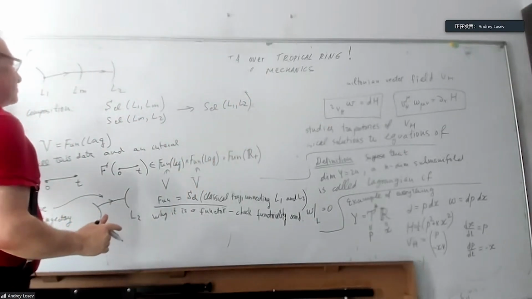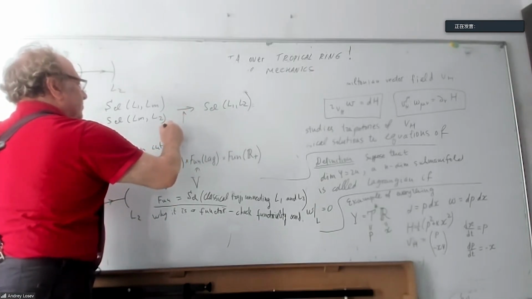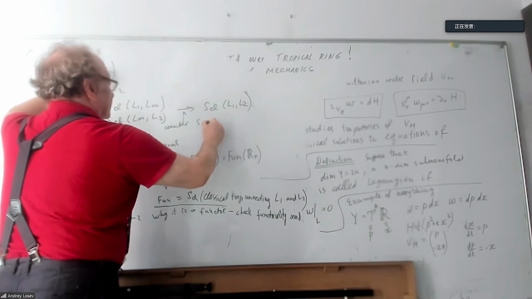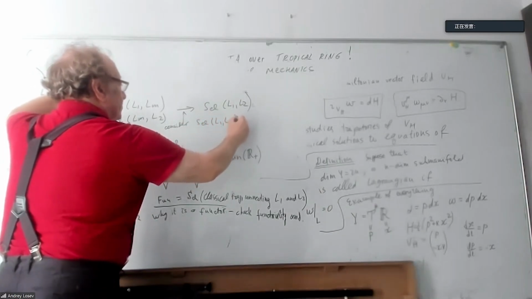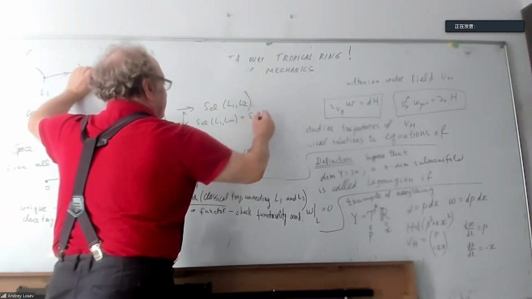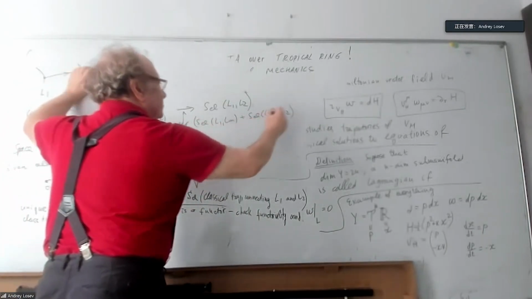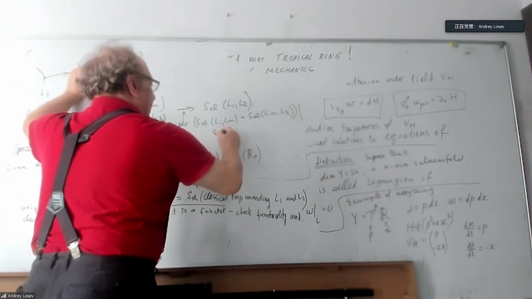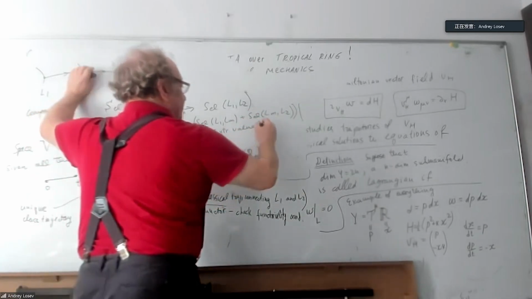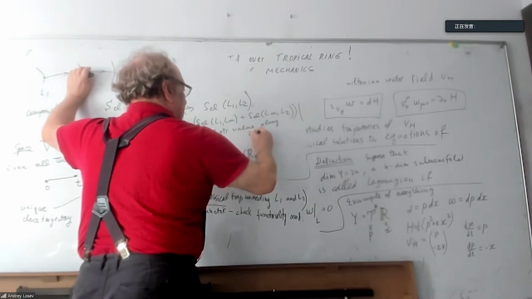How do I do it? I will consider the sum, and then I take the extremal value of this sum along the line.